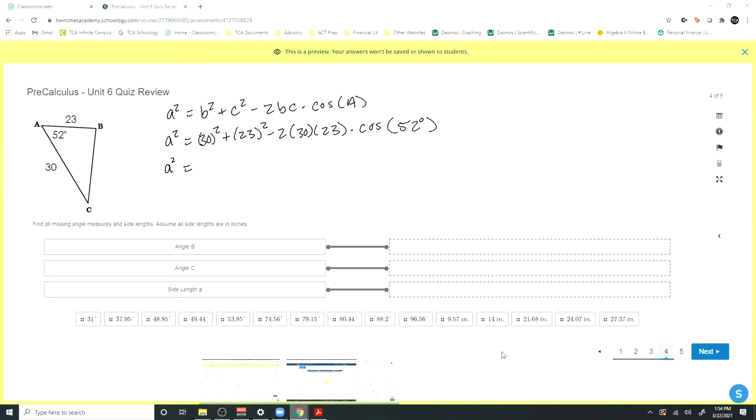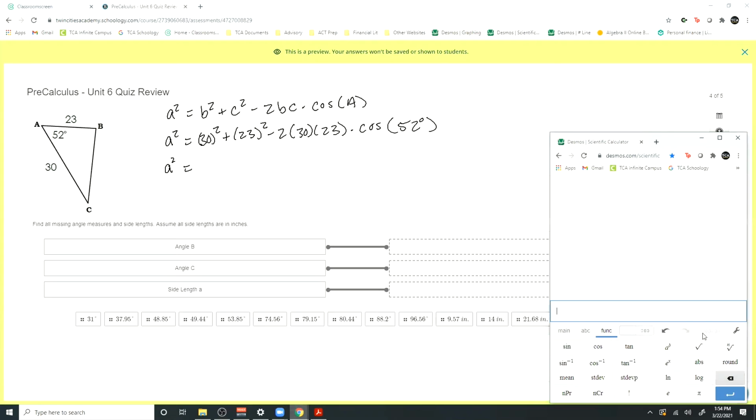This I can put right into a calculator. 30 squared plus 23 squared minus 2 times 30 times 23 times the cosine of 52 degrees. This is 579.387.